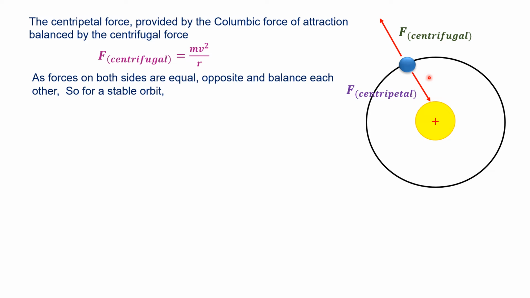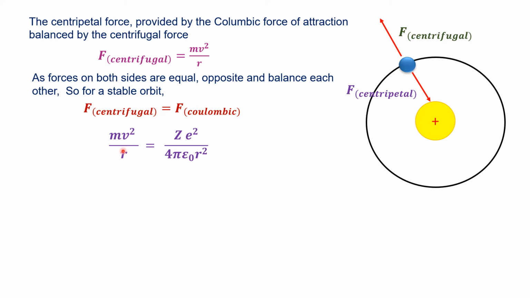Now both the forces are equal in magnitude and opposite to each other, so they will balance each other. For a stable orbit, centrifugal force is equal to the Coulombic force, or we can say it will be equal to the centripetal force.